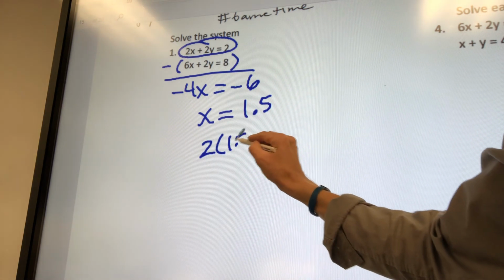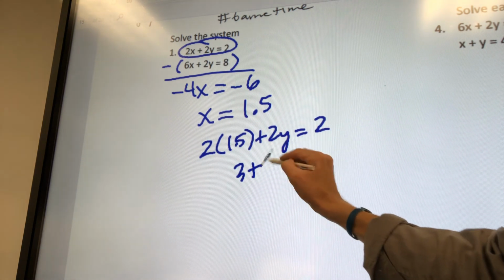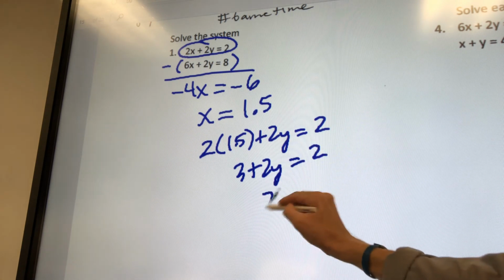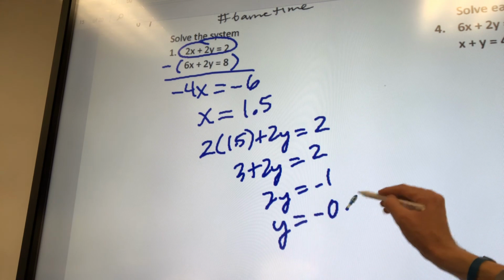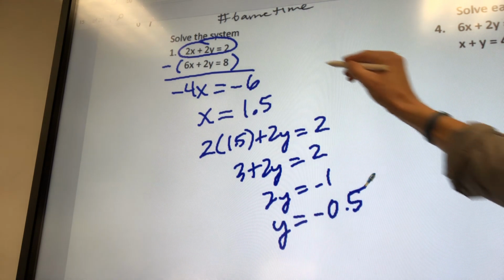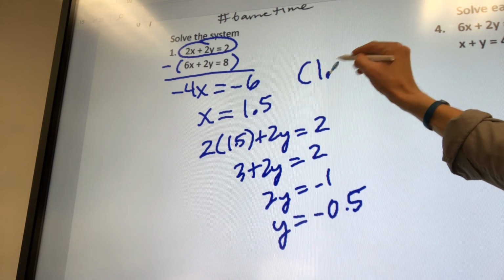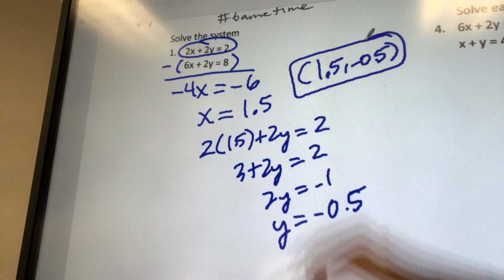That first equation, 3 plus 2y is 2. 2y is a negative 1. y is a negative 1 over 2, a negative 0.5. So your answer is 1.5, negative 0.5.